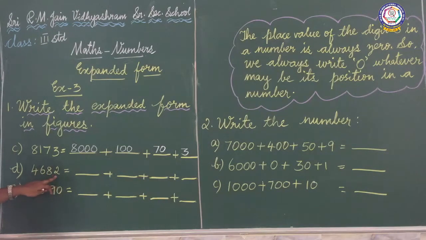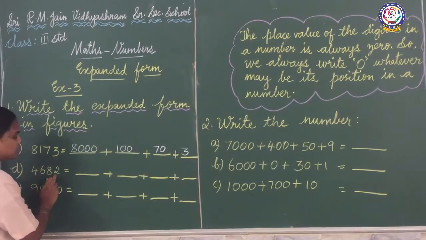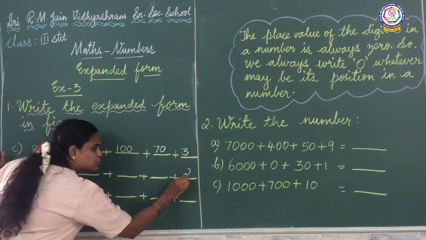4682. What's the place value of 2? Ones. What's the place value of 8? Tens. Next, place value of 6 is hundreds. Next, place value of 4 is thousands. So first you write the place value of 2. I told you, 2 ones. So 2 ones equal to 2.